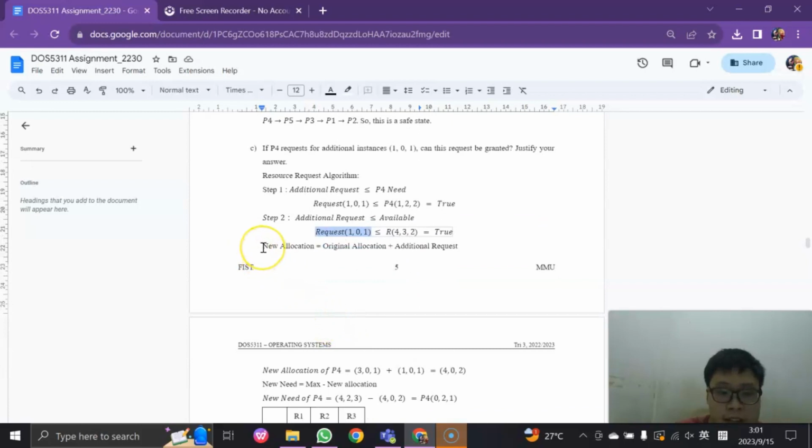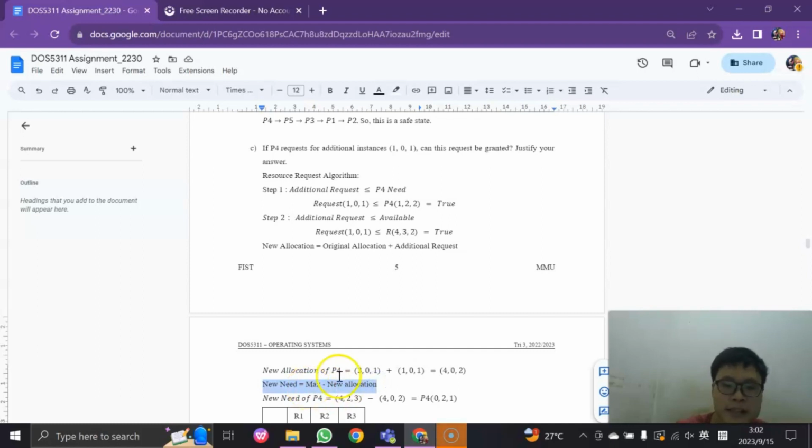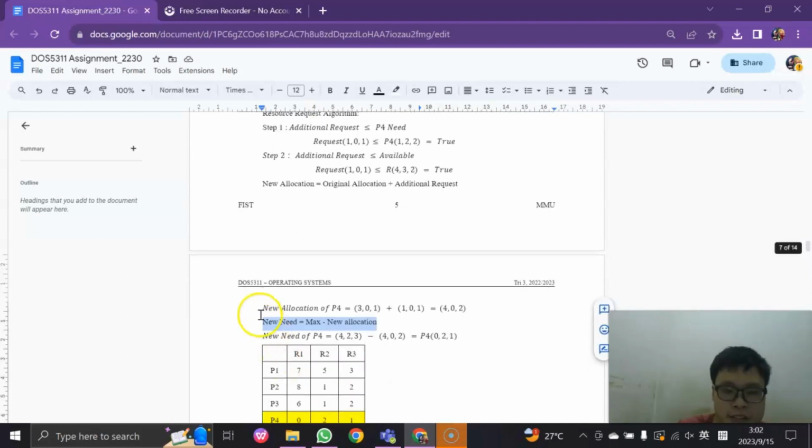Now we calculate a new allocation and a new need. The formula of new allocation is original allocation plus additional request, while the formula of new need is max minus new allocation. So we calculate the new allocation of P4. The original allocation 3 0 1 plus additional request 1 0 1 equal to 4 0 2.